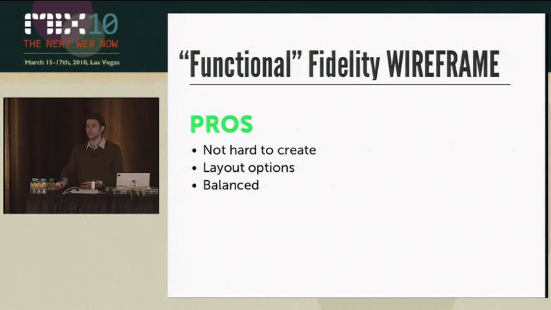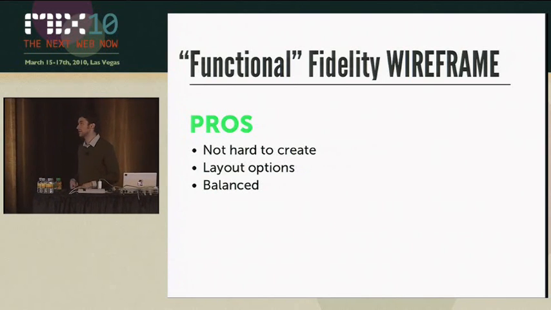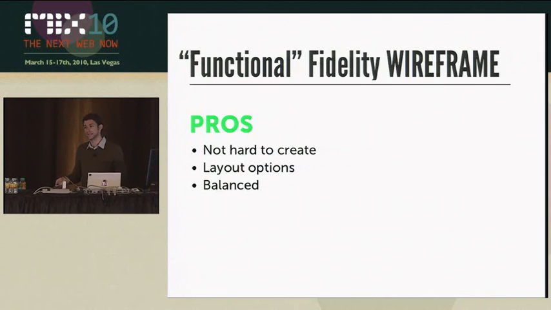We can go with a column here and a split here. And that really helps set my expectation for something I can move forward with and lean on. And they're balanced. They balance the idea of creativity with the idea of structure. It's a good balance between being too creative or too open-ended and too locked down, as we'll see later with high-fidelity wireframes.